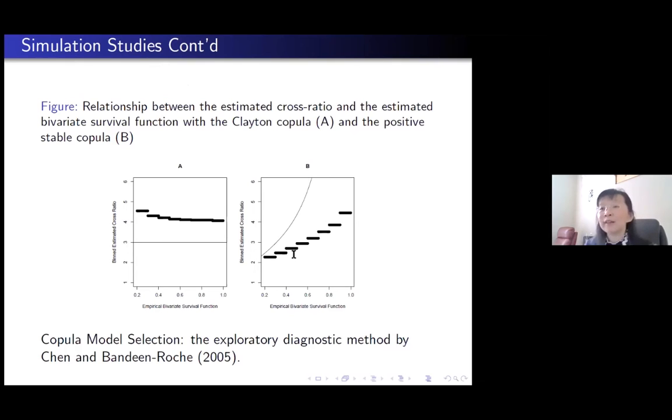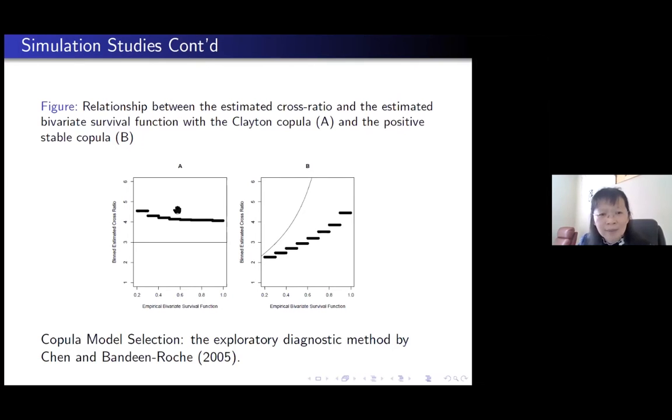We also conducted a simulation study to confirm that the diagnostic method could help the selection of an appropriate copula model, even given the biased data. So this figure illustrates two scenarios, one for the Clayton copula, the other for the positive stable copula. The solid lines represent the true cross ratio curves.